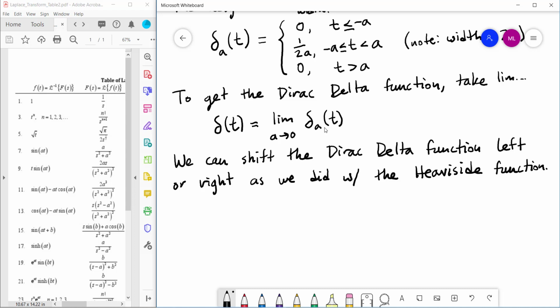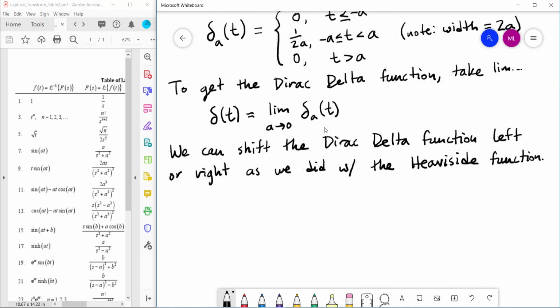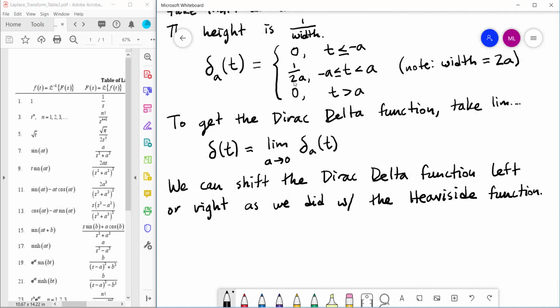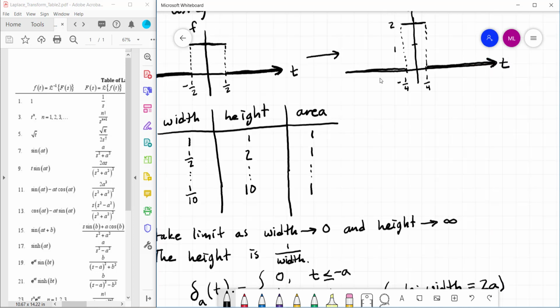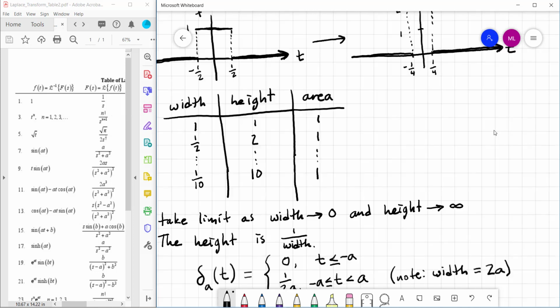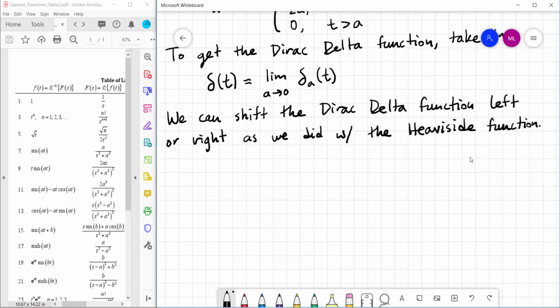Different books have different notations for this. I'm going to avoid using a subscript here, but some books use a subscript. I'm going to avoid it because we've already used a subscript on our delta function to refer to the width, or half the width at least, of one of these pictures. So it doesn't make sense to use that also for the shift.